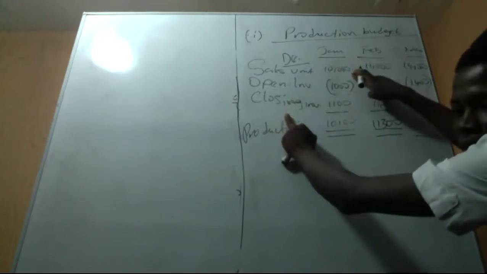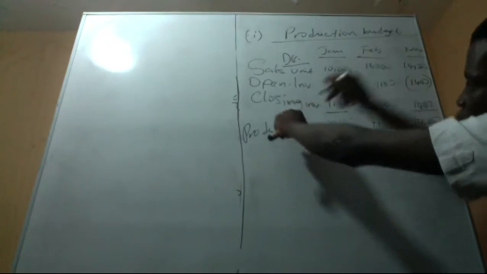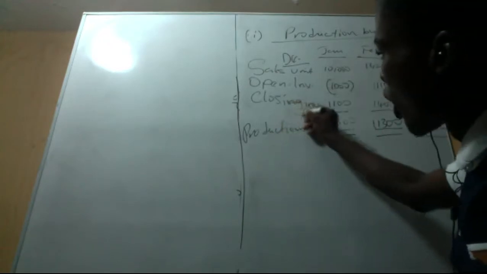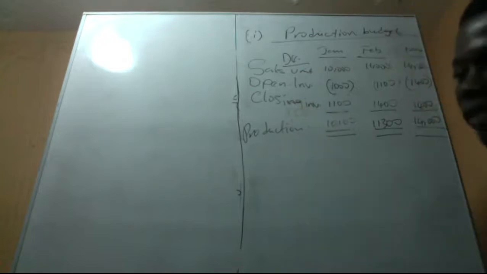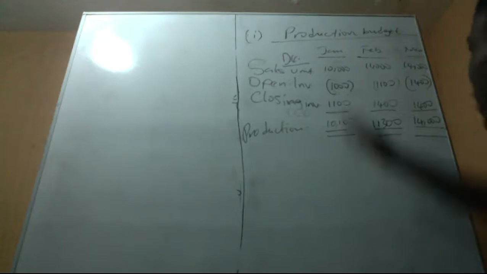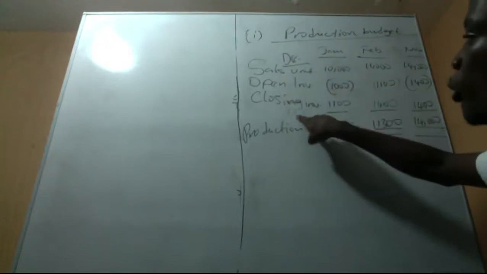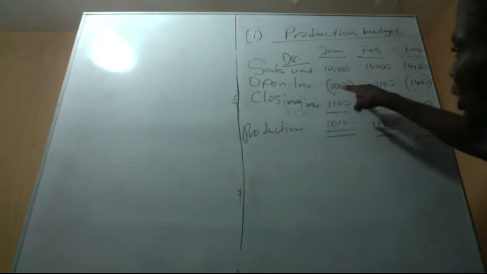January sales is 10,000, so 10% of 10,000 is 1,000. So that's December closing inventory. Even though they've not asked us to prepare December, we need this balance to be able to move it forward.